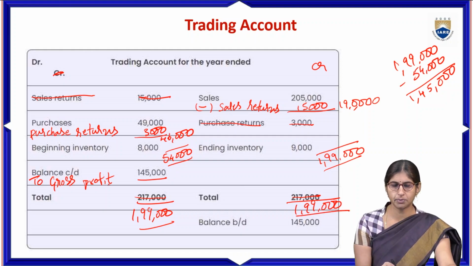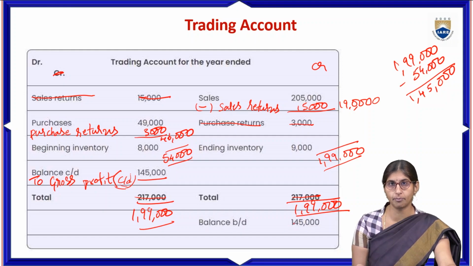The gross profit of 1,45,000 has to be carried down, and we bring it down in the profit and loss account, not in the trading account. This has to be given in the profit and loss account.